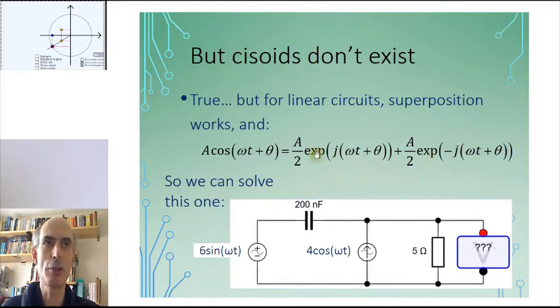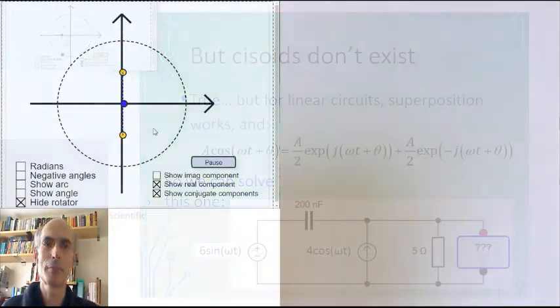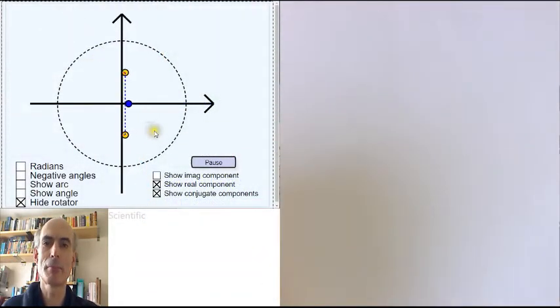If I add up these two cissoids, their imaginary parts cancel out, their real parts combine, and you're left with a real oscillation. This is what is going on. I've got these two cissoidal oscillations here. This one has a positive frequency, and this one here has a negative frequency. It's going clockwise.